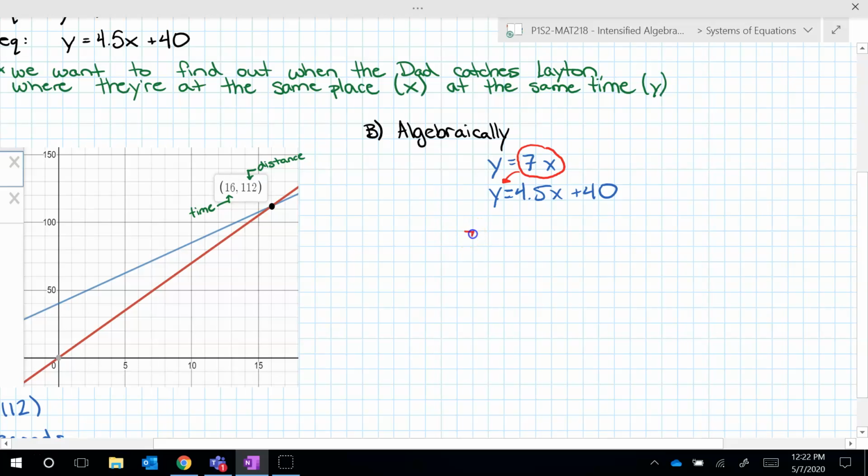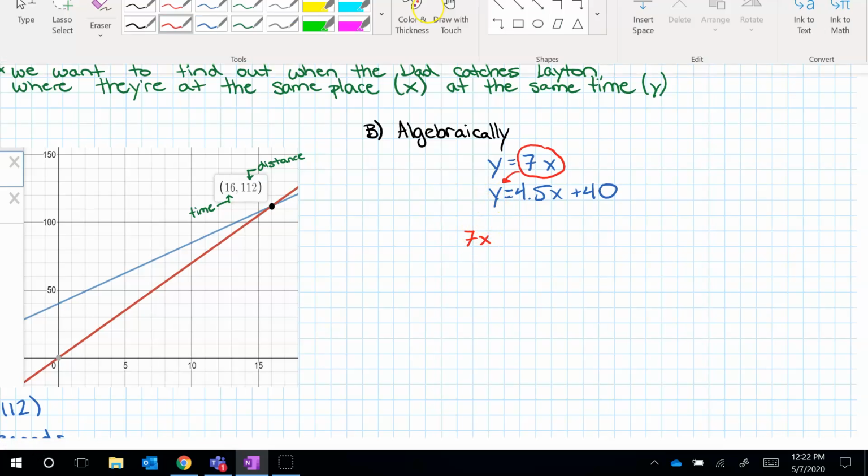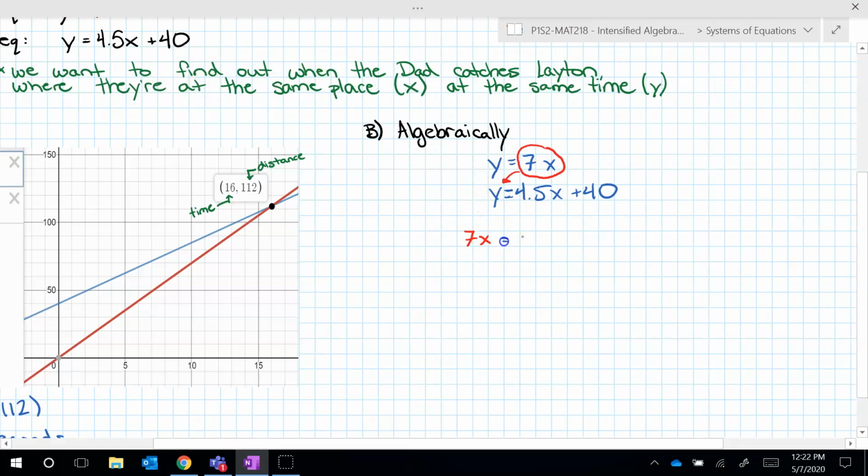So that becomes 7x then. I'm replacing the y with 7x equals 4.5x plus 40. I'm just going to do a little substitution there. Replace this y in the second equation with what y is equal to in this top equation.